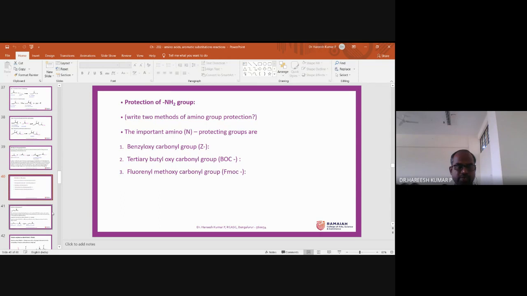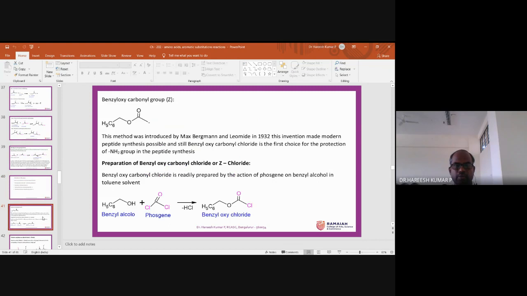The first one I will take up is the benzyl oxycarbonyl group. So this is the one, the benzyl oxycarbonyl group. C6H5CH2 is called the benzyl group. This is oxy, and this is CO. There is no bond here, don't write any bond here.